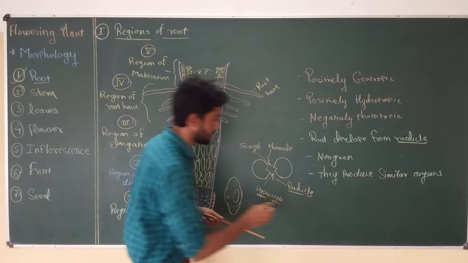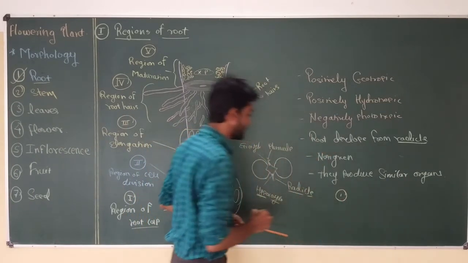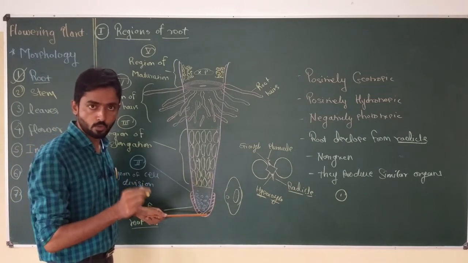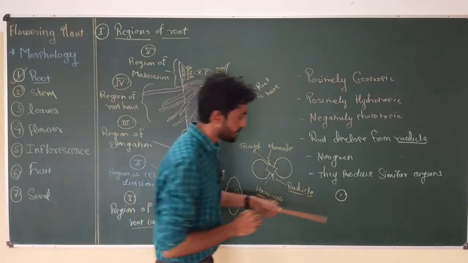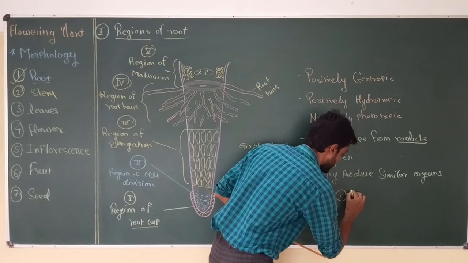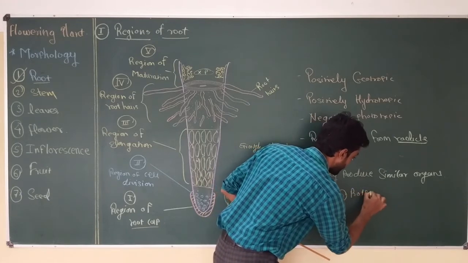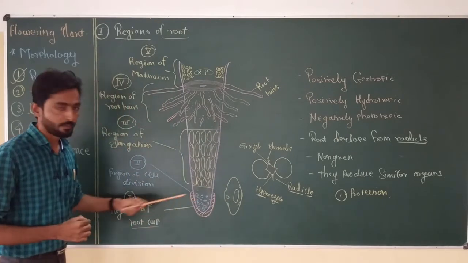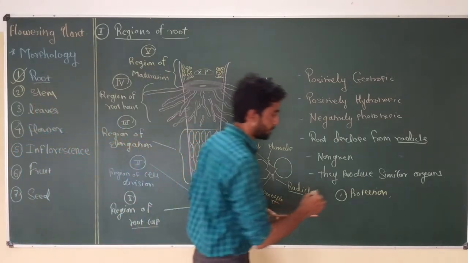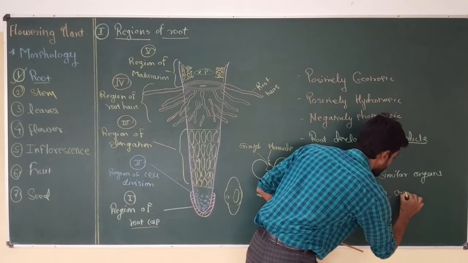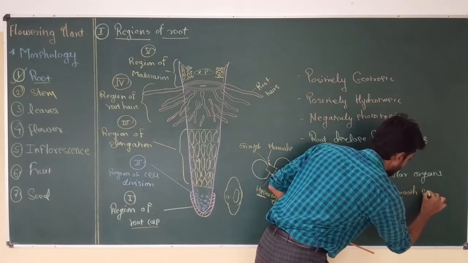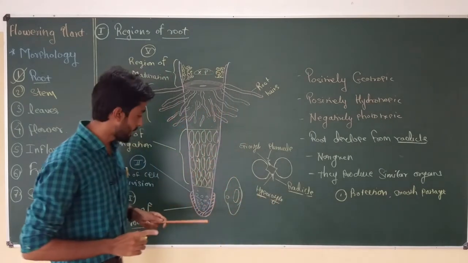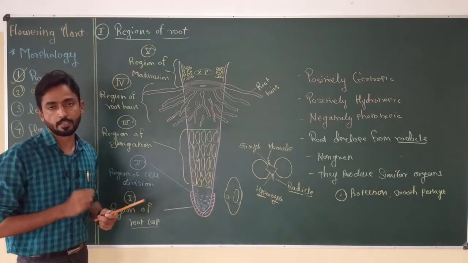So the first region, that is the region of root cap, which is present at the tip of the root, and the main function of the root cap is protection of the root tip, as well as smooth passage of the root in soil is ensured by the root cap by producing mucilage.